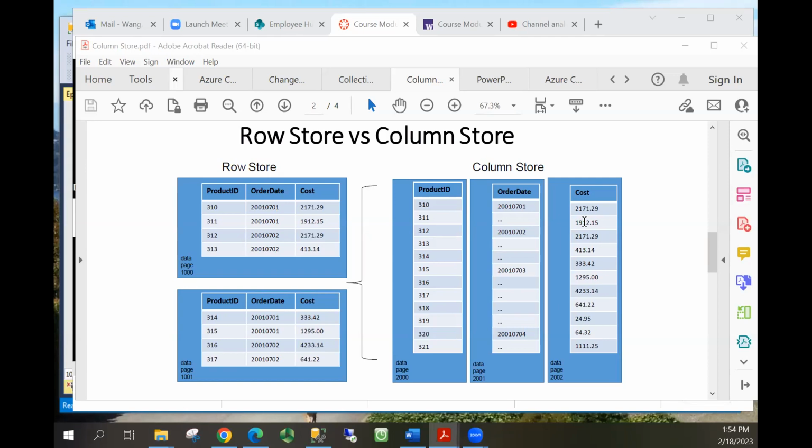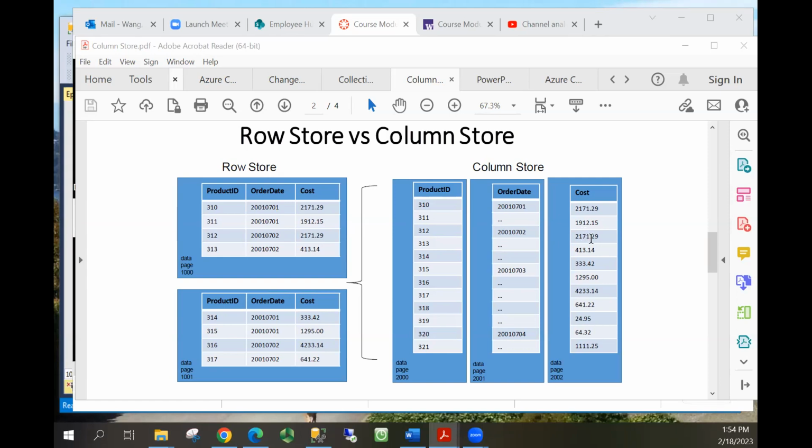Number one, it takes the database management system much less time to get the data you need for reporting, for a specific query, for creating a specific report. Number two, you can bring more relevant data into the memory at a time.